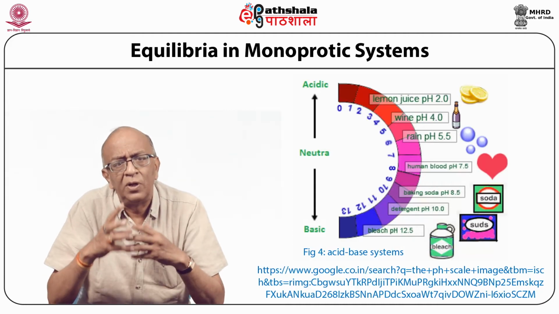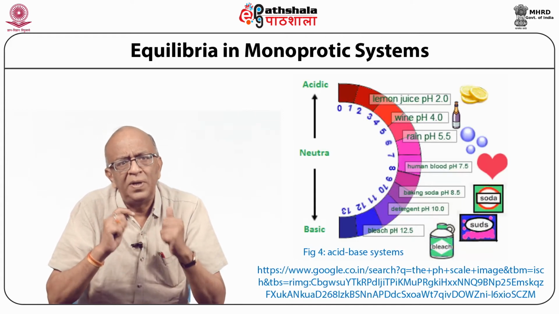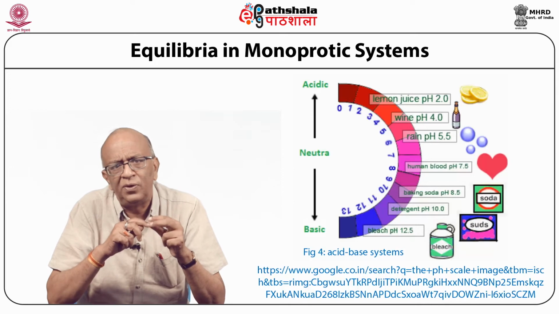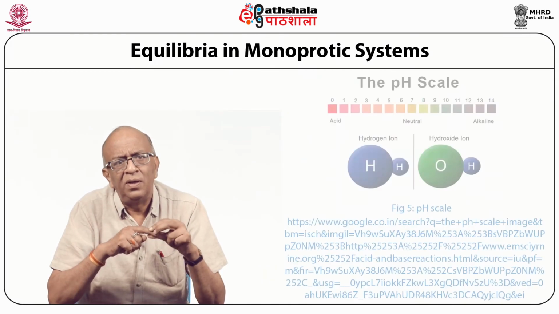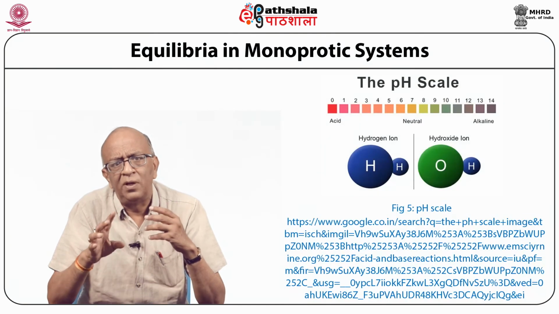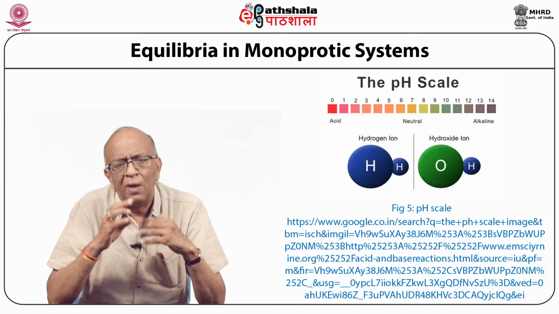Equilibria in monoprotic systems may be evaluated mathematically by using the following treatment, which I shall explain in the following equations. Calculating hydrogen ion concentration or pH in a number of acid systems, as shown in figure 4, in water gives us a means of estimating pH in various solutions. The following conventions have been used.